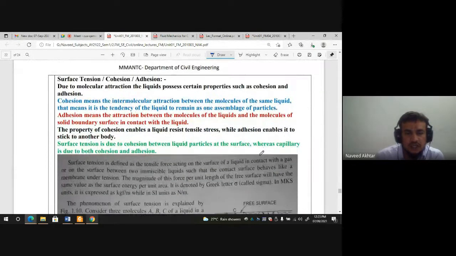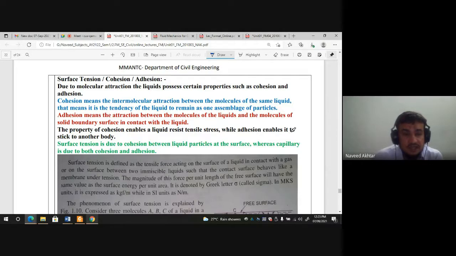Now, other properties of liquid are cohesion, adhesion, and surface tension. Generally the fluid particles attract each other, and that is called cohesion.